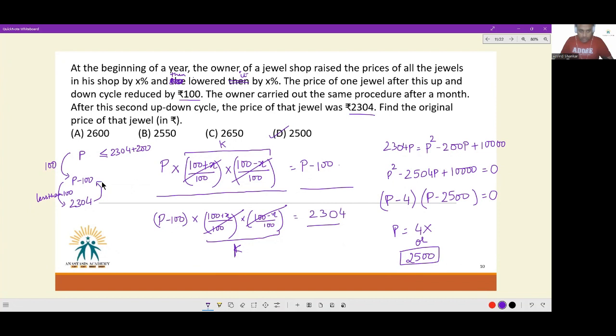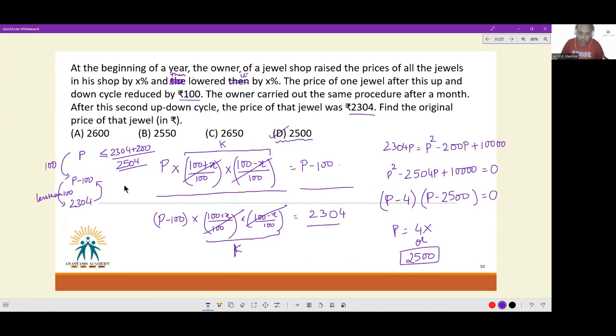From here to here, it is something less than 100. From here to here, it is 100. So the value of P has to be less than 2504. Now, a cursory glance at the options should tell you the only option that is possible is 2500. No other option is possible.